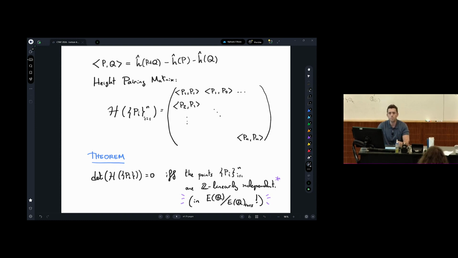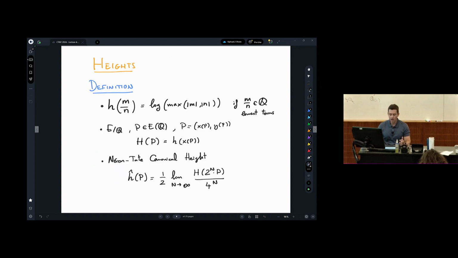Yes? Sorry, for the canonical height, is that also an approximation to the height, or is that the most accurate height? So the canonical height is the one you want to work with. The naive height is very easy to compute, and you should think of the naive height as an approximation of the canonical height.